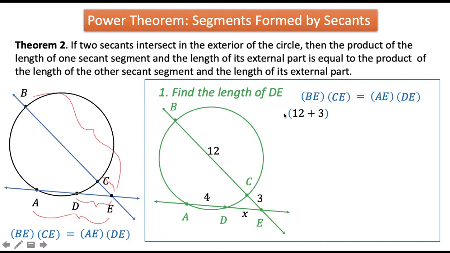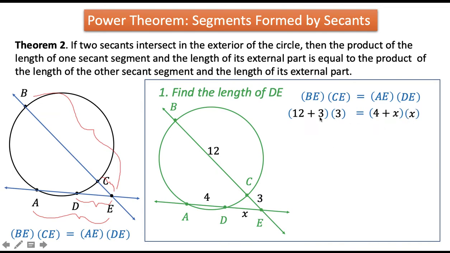Remember, BE comprises BC and CE, so we're adding the lengths of BC and CE, 12 plus 3, times its external part, which is CE, and the measure is 3, equals AE, which is 4 plus x, times its external part x.